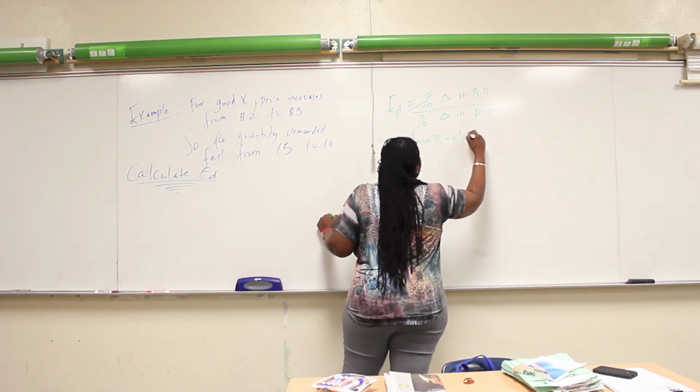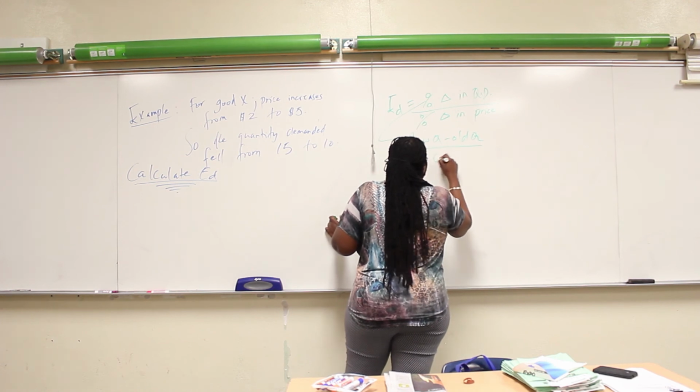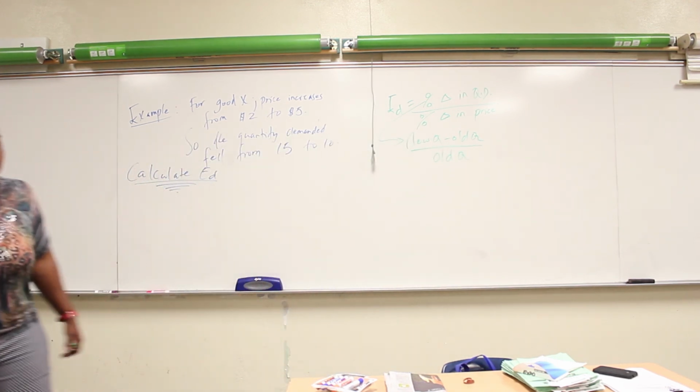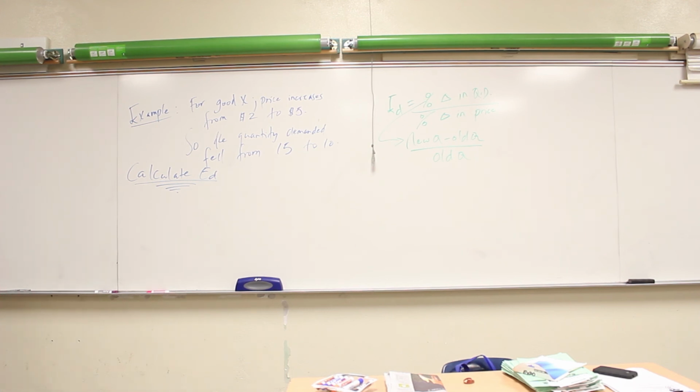We're going to subtract the old quantity, and we're going to divide that by the old quantity. Let's look at our question. Where it's coming from is the old. Where it's going to is the new. So you can look at your question and figure out what's old and what's new. Where it's coming from is the old, and where it's going to is the new.